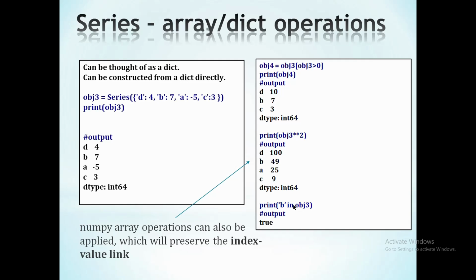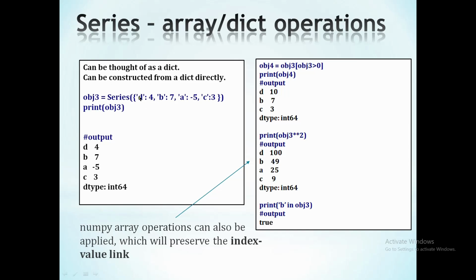Then in terms of array or dictionary operations, an array can be converted into a series. A dictionary can also be converted into a series. Here we are constructing a series using the dictionary. The dictionary will be a pair of keys and values.